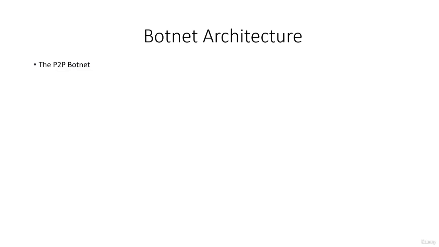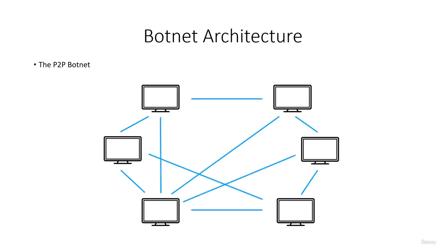And the next architecture is the peer-to-peer network. So instead of a CNC server, we have the P2P approach. Here, controlling infected bots involves a peer-to-peer network that relies on a decentralized approach. As you can see in this picture, bots are topologically interconnected and act as both CNC server and clients.